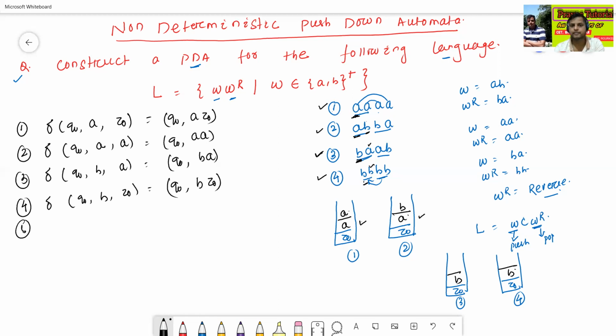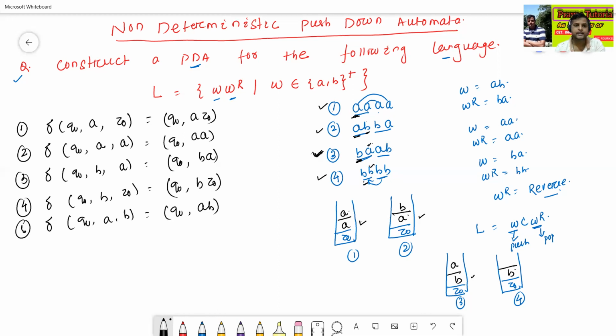If A comes, I'm considering the third case: delta(Q0, A, B) gives Q0, AB. Now, if A comes, A will push.